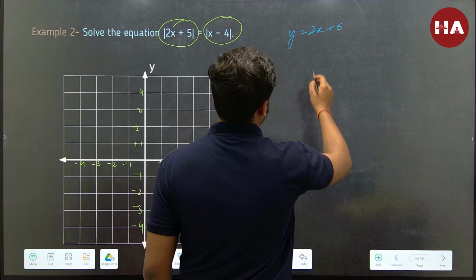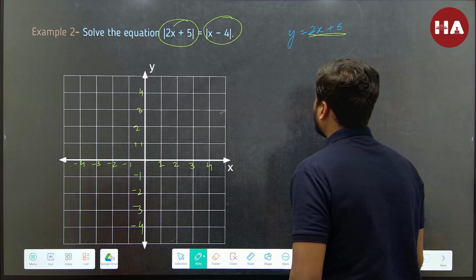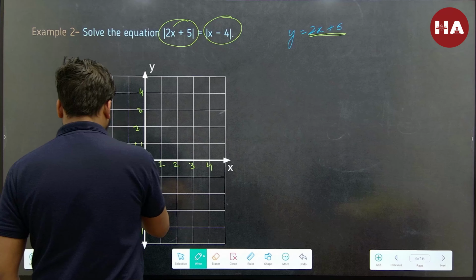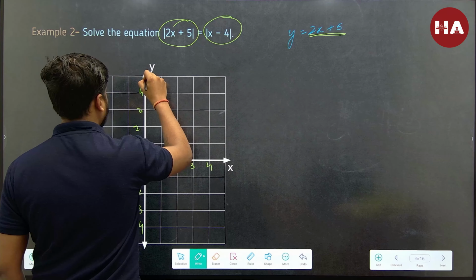Now, to draw the graph of 2x + 5, you'll get something like this.